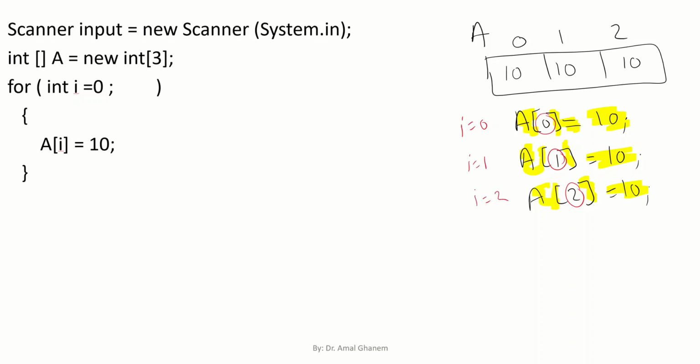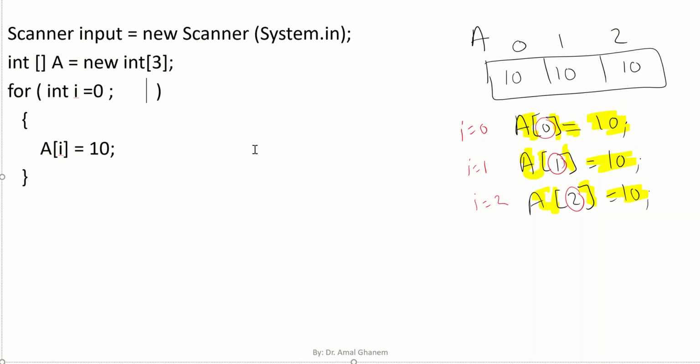So we know that within the for loop, we always start with a value, then we should have a condition, and the last one of the for loop, I have to say, is it plus plus or minus minus? So here I will say I plus plus because I'm moving 0, 1, 2 till the end. Now we have to know what is the condition we have in between.